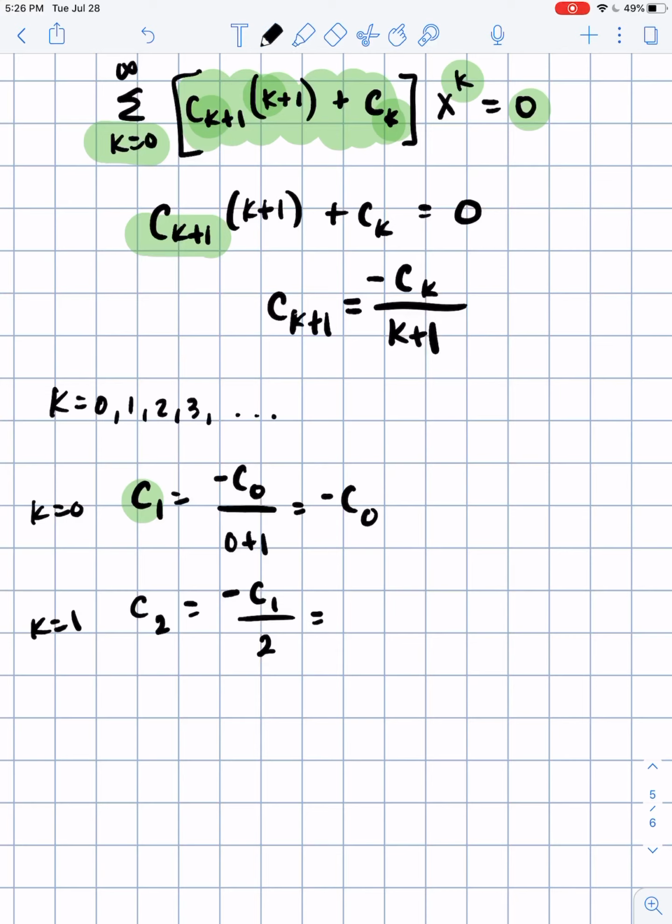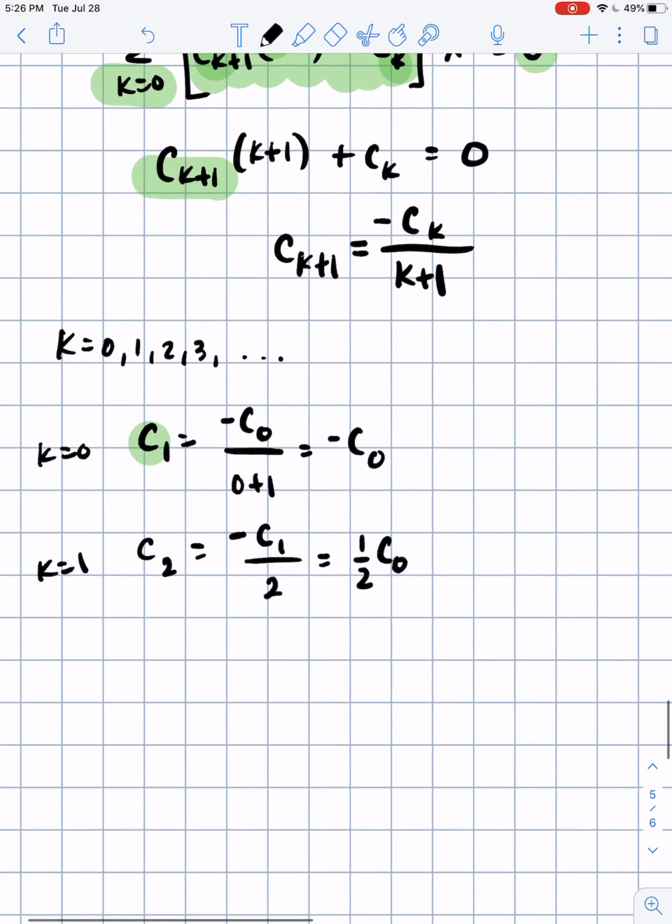C sub 1 is equal to negative c sub 0, so this winds up to be a positive 1/2 c sub 0. And then you just repeat this process. Negative c sub 2 over 3, so here we're going to get a negative 1/6 c sub 0, and so on.